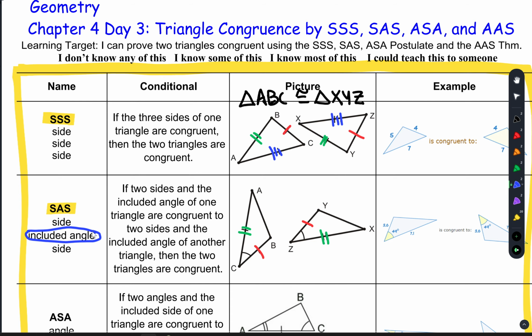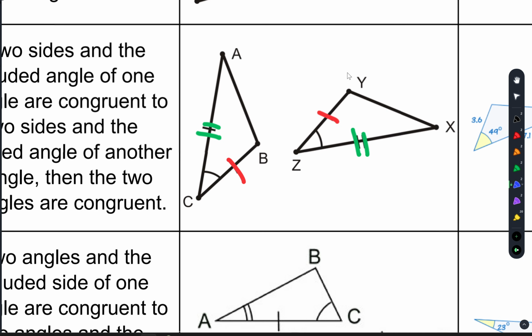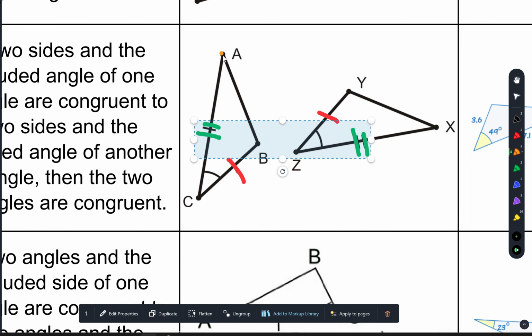When I say included angle, and we're going to talk about included sides as well, that means it's like a sandwich. So it's like a side, angle, side sandwich in that order. What I recommend you do is literally highlight the 2 sides in this case.